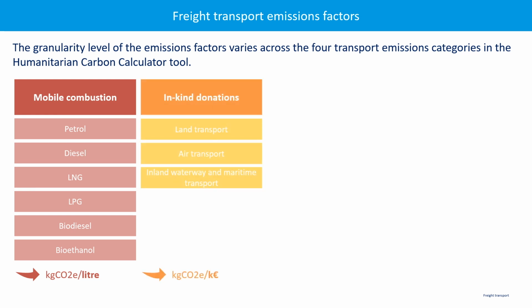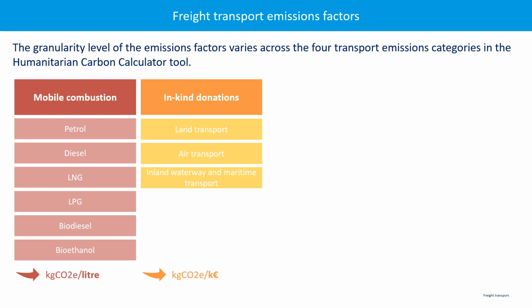For in-kind donations, the emissions factors in the Humanitarian Carbon Calculator tool are at a much more aggregated level. They are expressed in volumes of CO2 equivalent per thousands of euro. So they consider the value of the donation.